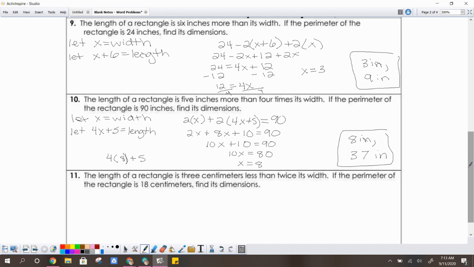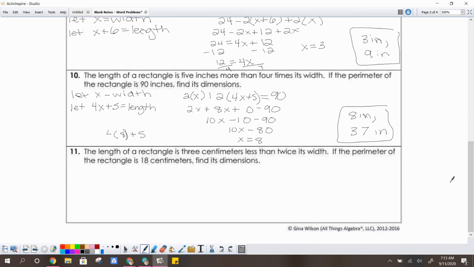All right, so try number 11. Pause it, come back when you're ready. All right, so for number 11, your x should be your width. And then your length would be 2x minus 3. So then we can go ahead and solve.